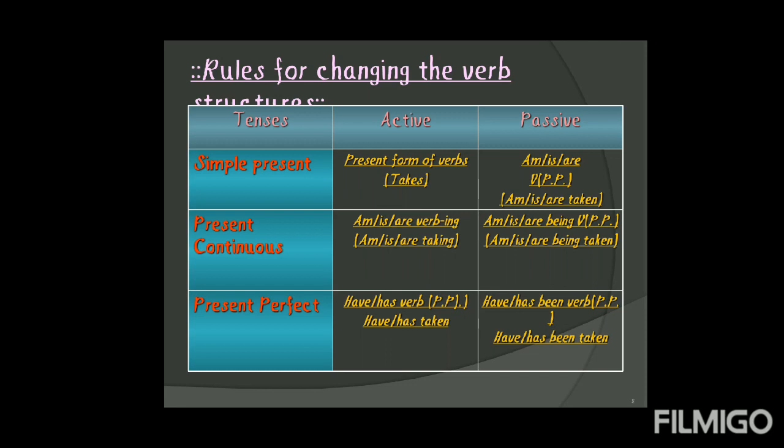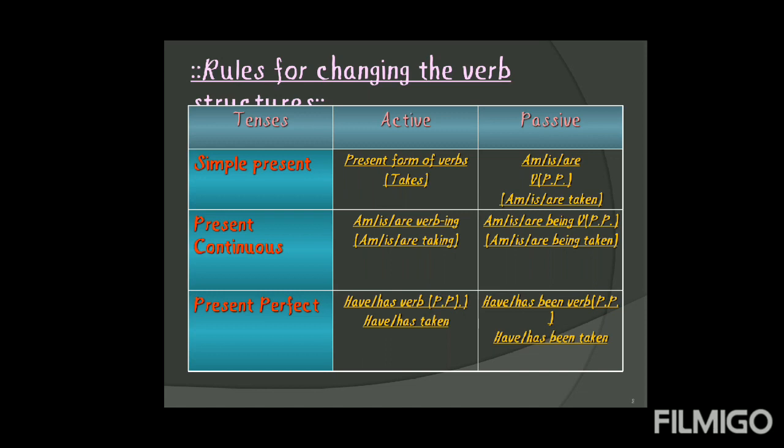For example, takes or take becomes am taken or is taken or are taken. So according to the subject, you choose am, is or are, that is the be verb, and then we change the main verb into its past participle form, and we get the passive voice.